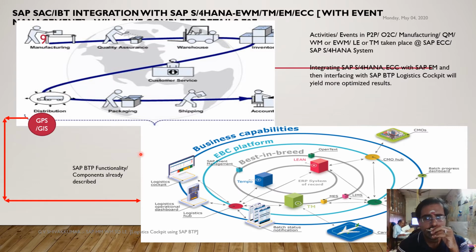So this is the so-called best-of-breed system, which is nothing but our SAP system. Over that we have an EBC platform, Enterprise Buyer Capability Platform. This will act as a cover, and as a front-end user interface with the end customer or end-to-end business.